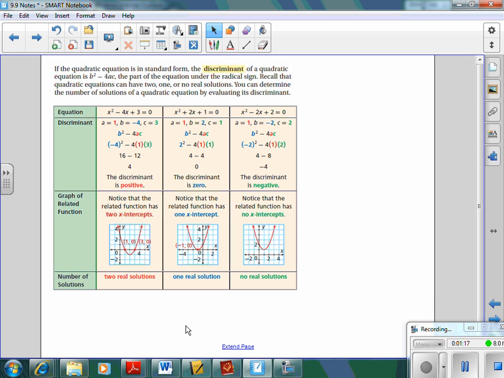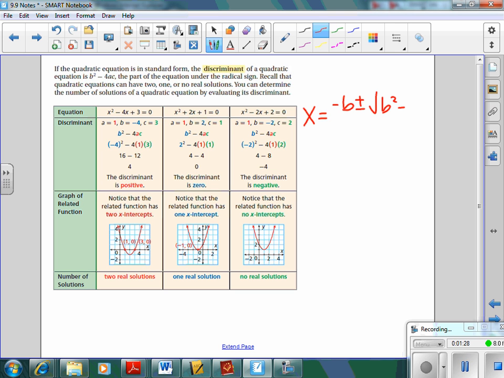That should look familiar because that's all the stuff underneath the square root of our quadratic formula. Remember, if you write it down a million times, it will stick in your head. So the discriminant is just the stuff underneath the square root. It doesn't include the square root, just all the stuff underneath of it.